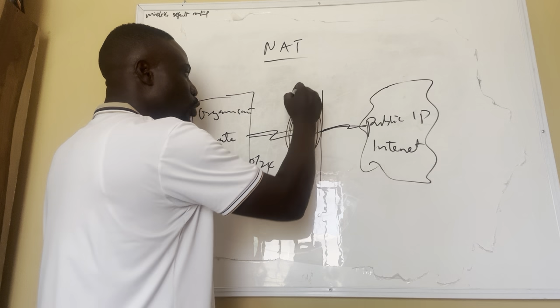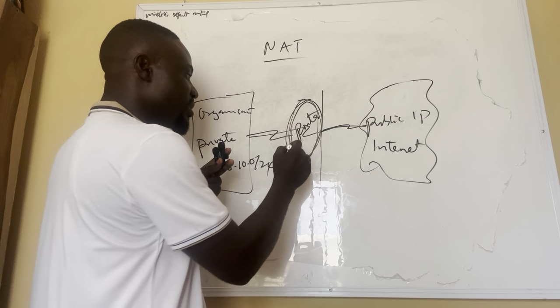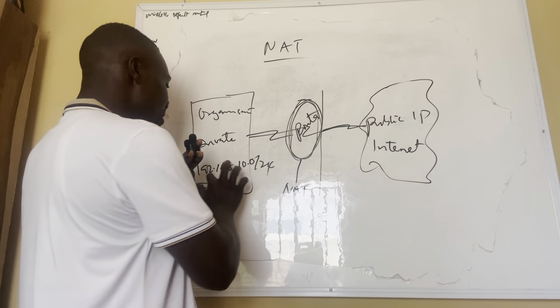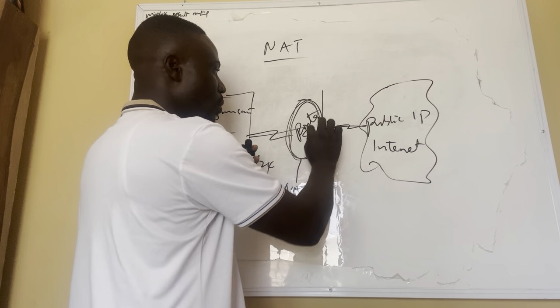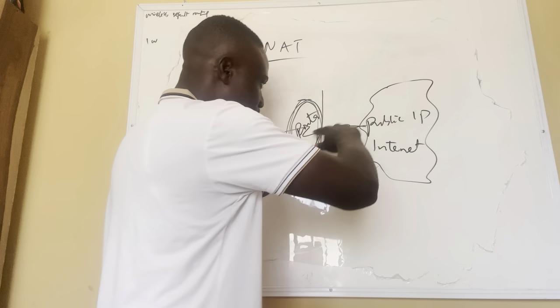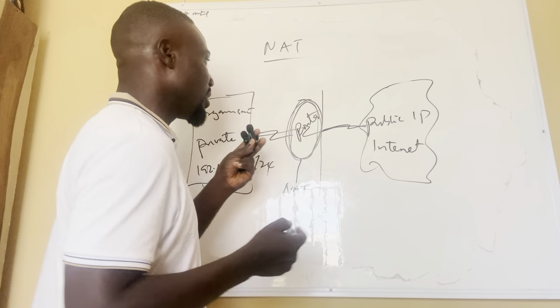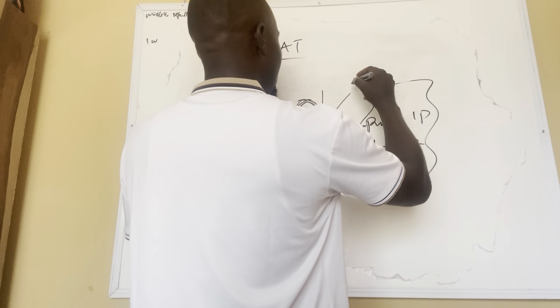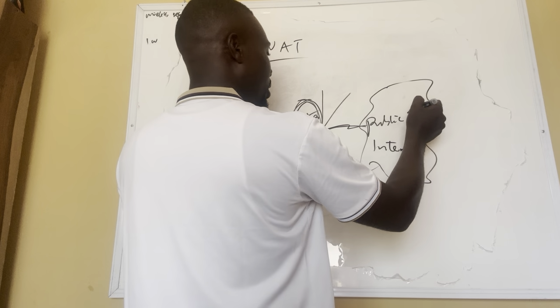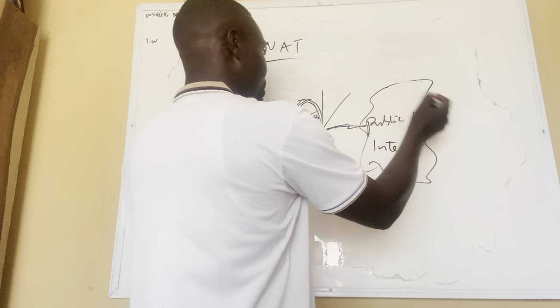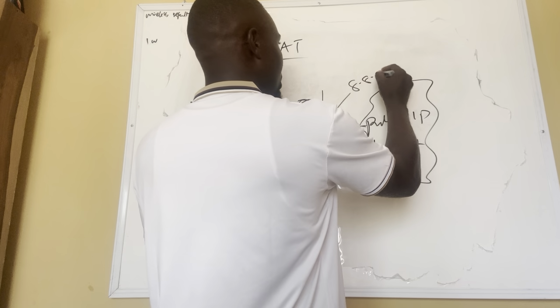So you configure NAT on this router so that this IP address will now be mapped to a public IP address for you to be able to connect to the internet. So let's say the public IP address that was assigned to us by the ISP is, let's say, 8.8.8.8.